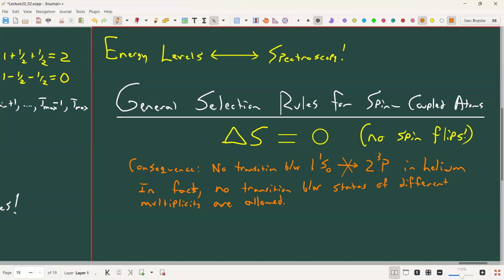Again, one's magnetic and one's not. They have different chemical properties, different physical properties. You can't interconvert between them using light. There is a group of singlet heliums that exist on their own and a group of triplet heliums that exist on their own, and none shall the twain shall meet. There's 2 different forms of helium, triplet and singlet helium, right?